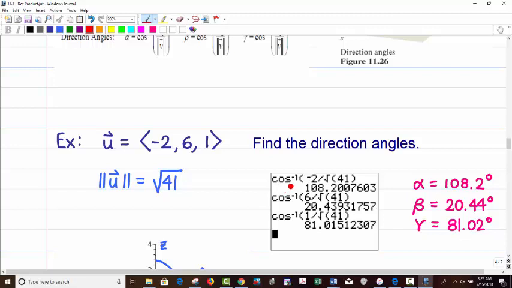The first one is cosine inverse of the first component, -2, divided by square root of 41. That ends up roughly about 108.2 degrees. The next one is cosine inverse of 6 over square root of 41, roughly 20.44. And the last one is 1 divided by square root of 41, and you get 81.02.